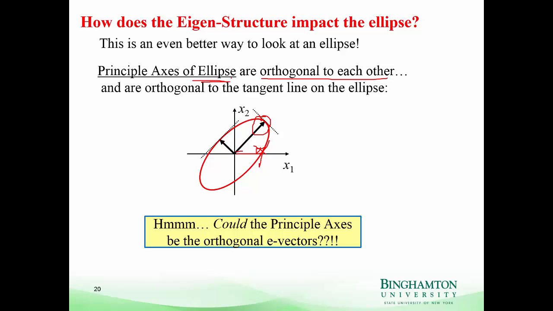Ellipses come from positive definite matrices that have orthogonal eigenvectors. So here's this discovery thing. I wonder, since these principal axes are orthogonal, could they actually be the orthogonal eigenvectors of this matrix?